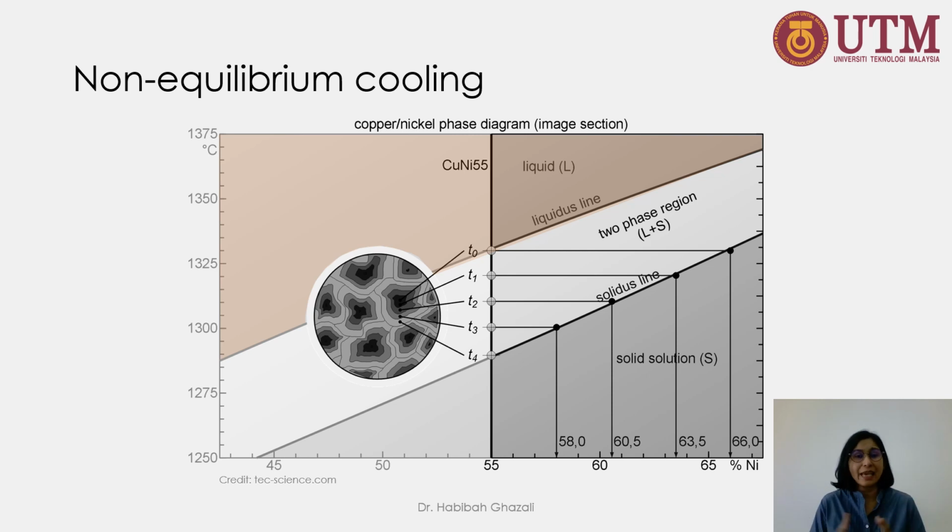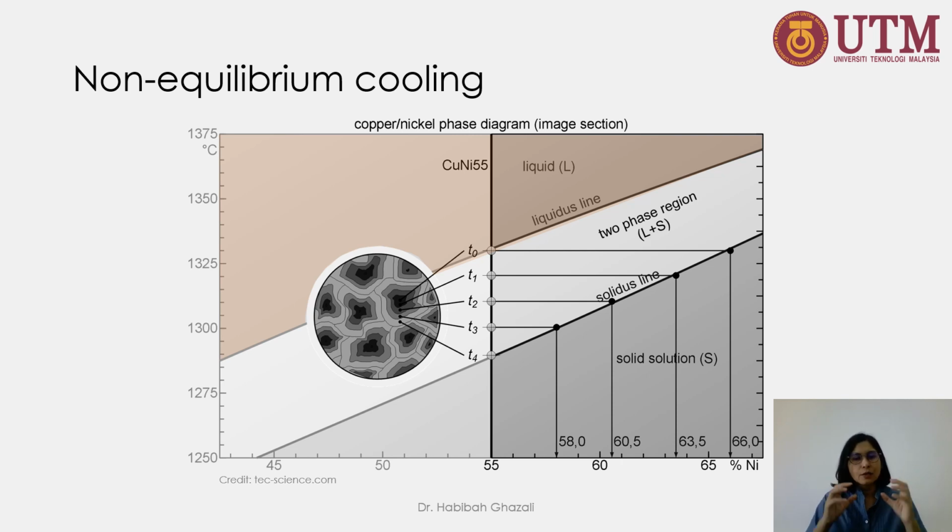The solidification process that we have discussed so far from the beginning of this lecture involves equilibrium cooling, in which the cooling process happens at a much slower rate, and therefore we allow diffusion of atoms from each region to happen when the crystal starts to form.